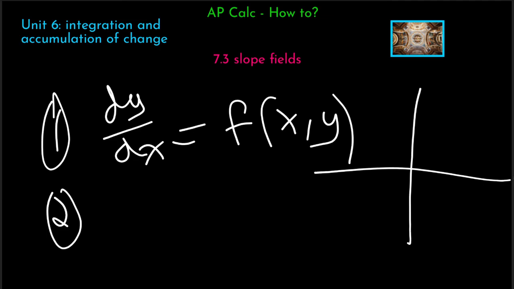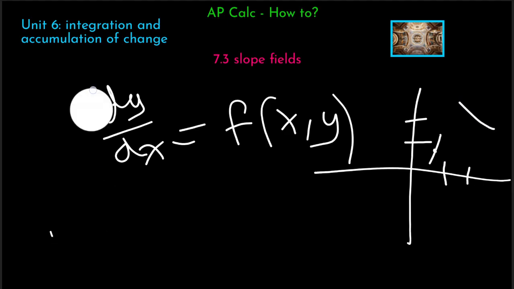For each point, plug in the coordinate to f of x comma y and draw a small segment with the corresponding slope. At 1, 1, it might be 1, at 2, 2, it'll be maybe like negative. Let's do a real world example.